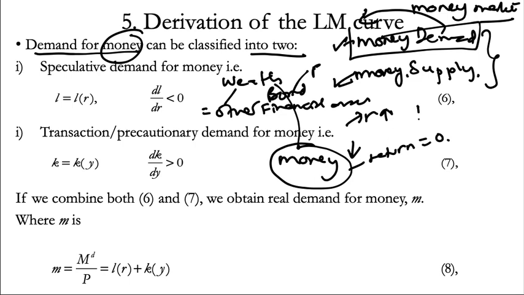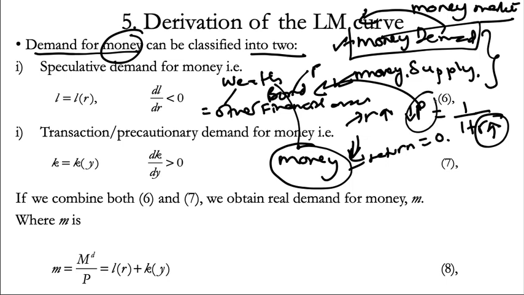In fact, if you can remember, this has something to do with the price of bonds also. When the interest rate increases and the price of bonds decreases, may as well buy bonds, isn't it? Because this gives you a lot of income compared to keeping money. But a bond, in comparison with money, has higher risk because the interest rate and price keep changing.